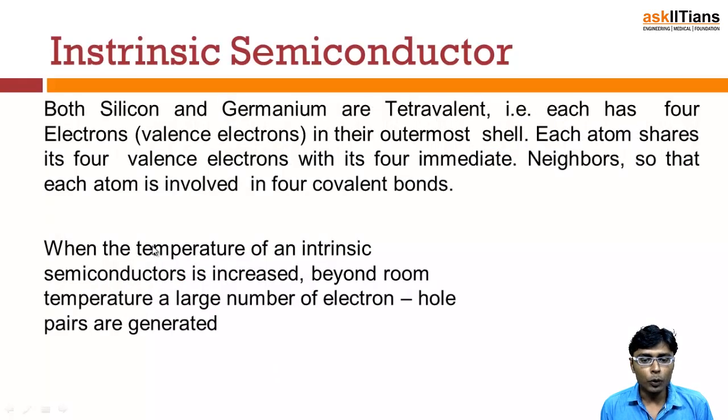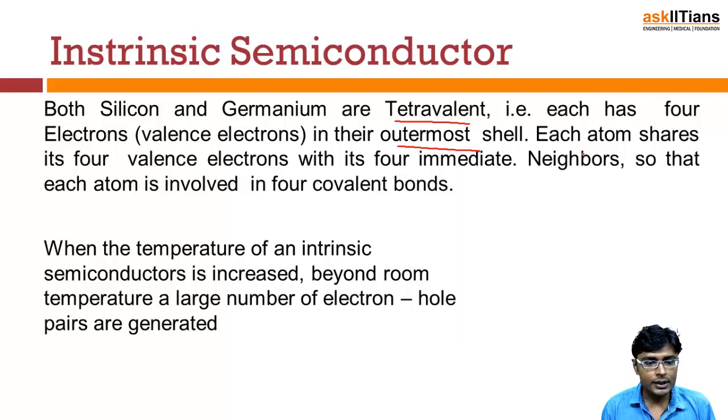Now see, both silicon and germanium are tetravalent. That means each has 4 valence electrons in its outermost shell. So this is very important. Intrinsic semiconductors are tetravalent in nature, meaning they have 4 valence electrons in their outermost shell.